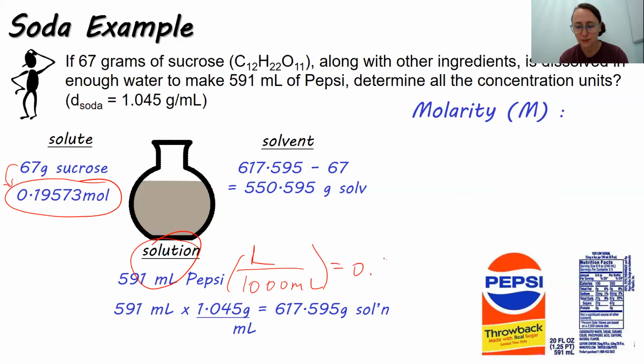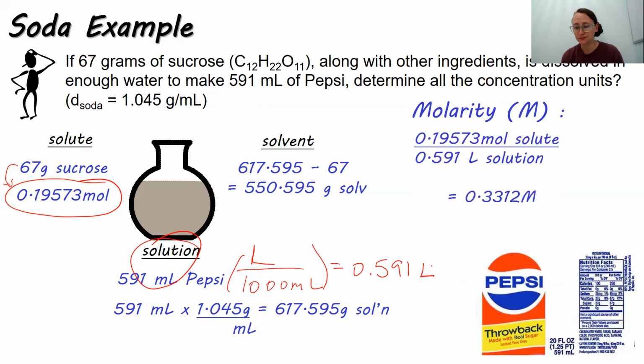You're going to get 0.591 liters of solution. So when we put that together, we get 0.3312 molar for the concentration of sucrose in Pepsi.